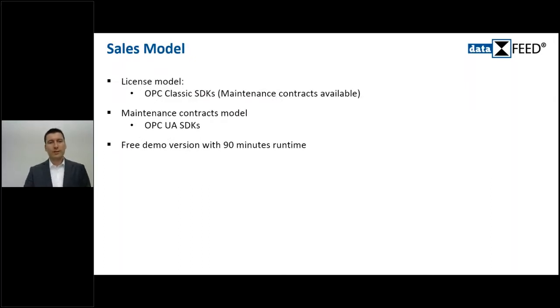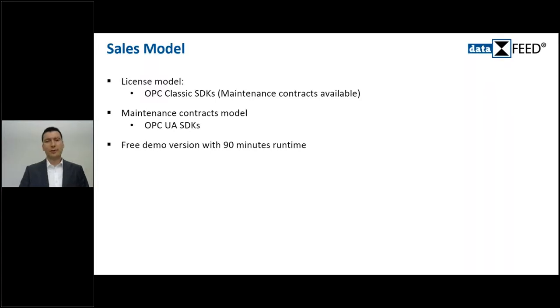So what is the sales model behind our SDKs? First of all, we have a different model between our classical SDKs and our OPC UA SDKs. Our classical SDKs are sold with a license, so you need one license for each developer, and additionally you can buy a maintenance contract, which will give you the opportunity to update your application to the latest version of our SDK.